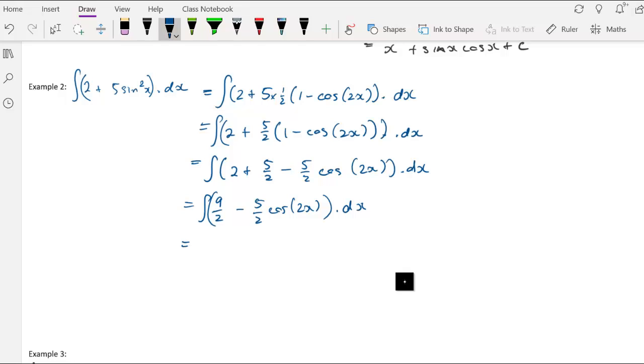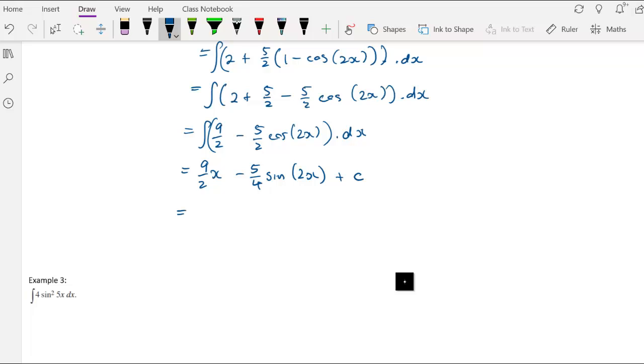Integral of 9 on 2 is 9 on 2 x. Integral of 5 on 2 cos 2x will be 5 on 4, because we have to divide by 2, and then sine 2x plus c.